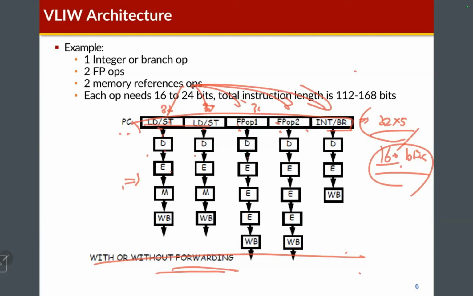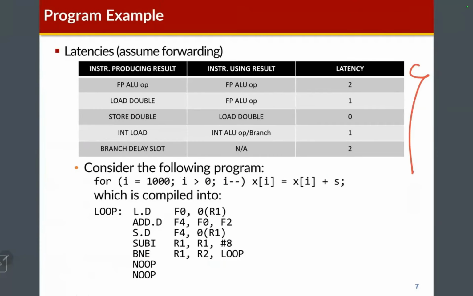In order to apply compiler optimization, the compiler needs hardware information like the latency, the possibility of data forwarding, and hardware support for exceptions or speculation. In this example, the compiler has the latency information of the VLIW hardware.